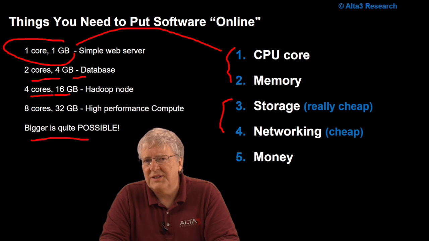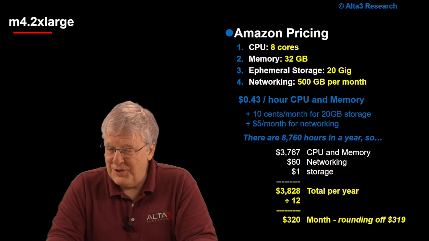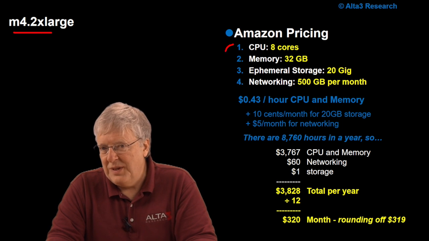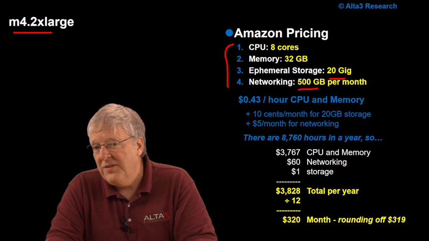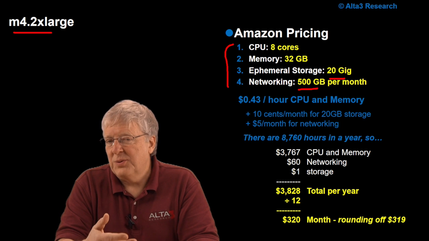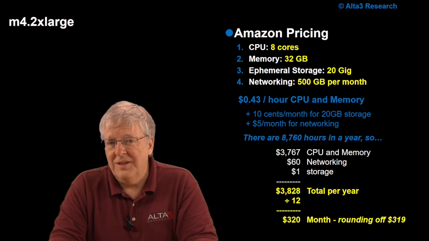Let's take a look at what the costs really are. An example is an Amazon M4.2XLarge, which would have those 8 cores, 32 gigs of memory, only 20 gigs of ephemeral storage, and 500 gigs of actual networking throughput that's going to be required. Let's take a look at what it costs.